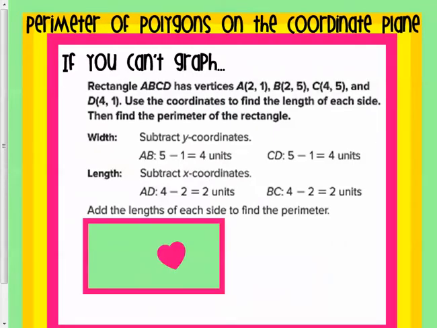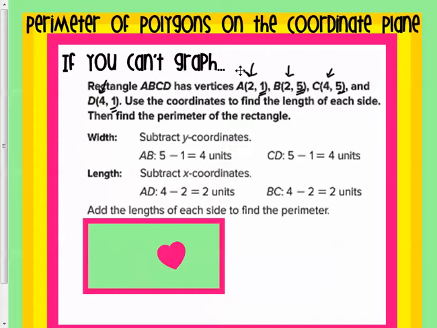Okay, so if you can't graph, you're going to use the coordinates to find the length like so. If I look at A, I know that it is at this same x point, which means I can find the difference between 1 and 5, and I know that they're 4 units away. If I look at C and D, I know that they have 4 as their x and 1 and 5 as their y's.